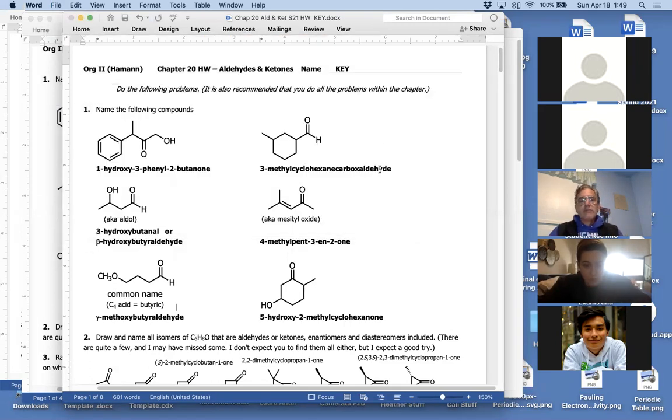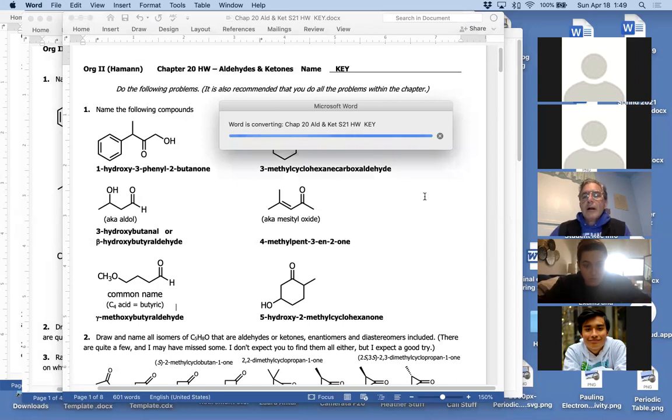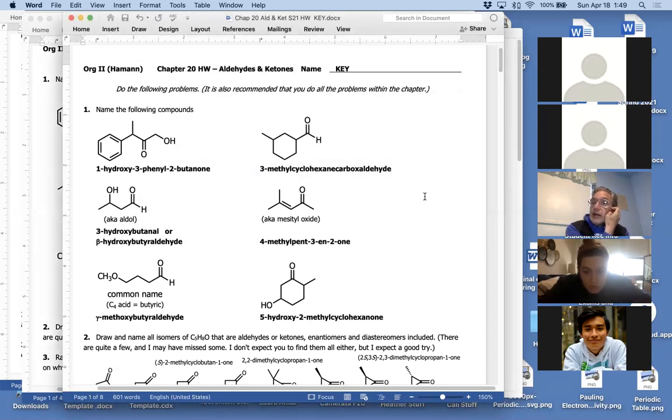Can I ask something along with her question? Absolutely. Is it Eileen? Yeah, Eileen. I also thought it was gamma, so I was really confused when I saw the answer key. For alpha, beta, and gamma, it's just how many positions away from the carbonyl carbon it is, right? Yeah. The only thing that confuses students is that when you number it, the one up here is numbered also 1, 2, 3 hydroxy, but alpha, beta hydroxy.